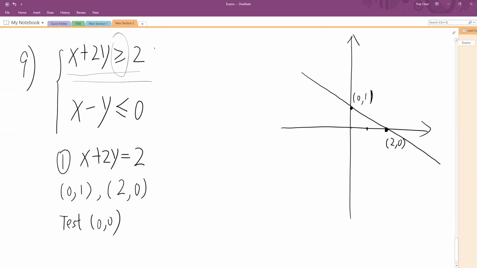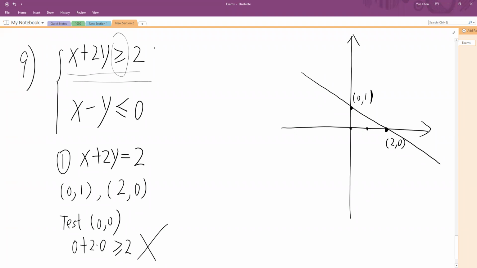So we plug it into the original inequality: 0 plus 2 times 0 greater than or equal to 2. Is this correct? 0 greater than or equal to 2? No. That's wrong.